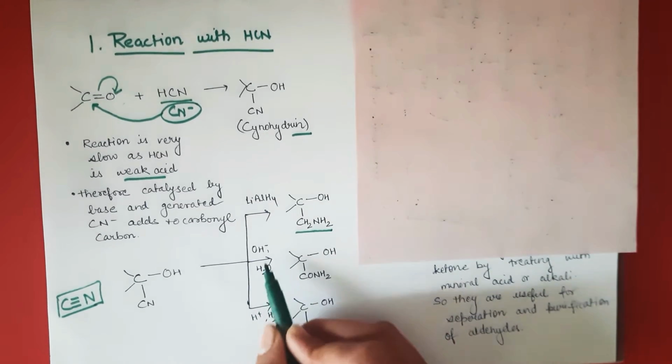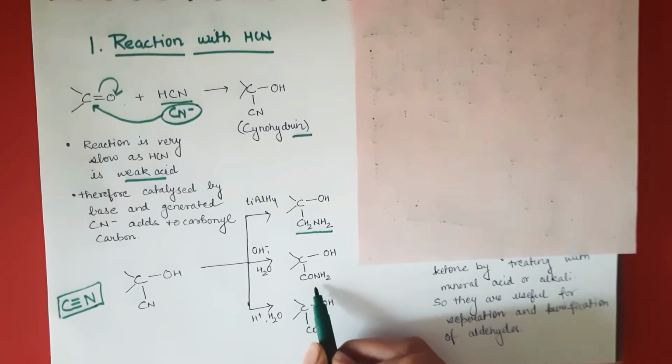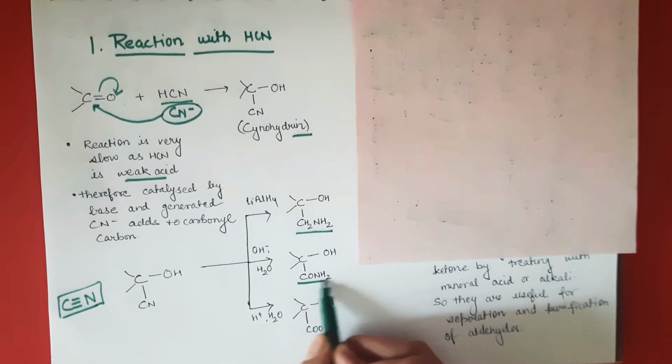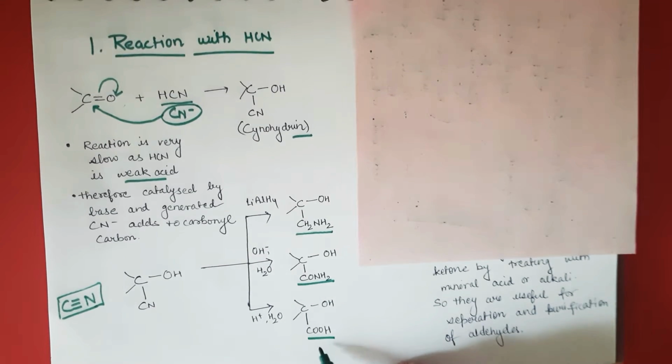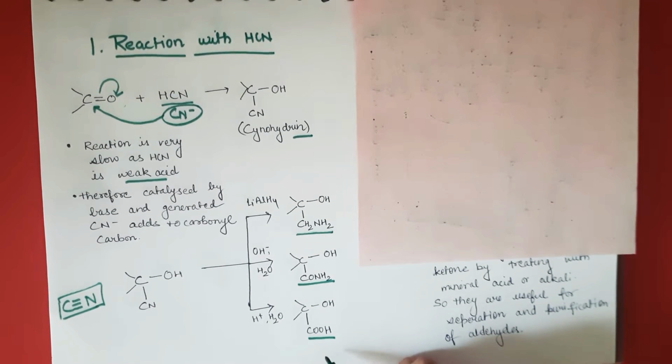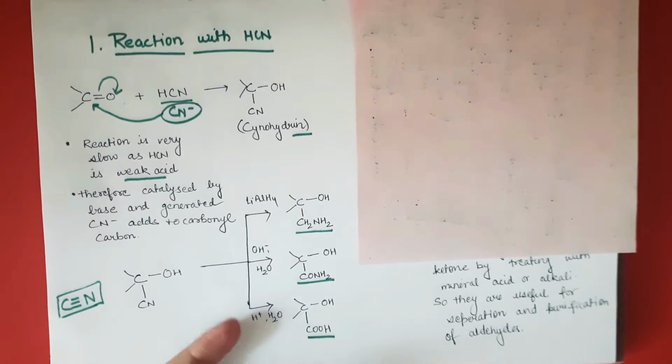If we hydrolyze in alcoholic medium, it forms amide, and if we hydrolyze it in protonated system, it will convert into acid. So by reacting it with different reagents, we can get different products.